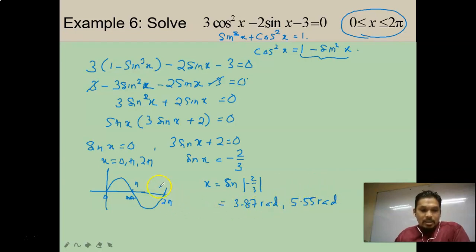So then we take all this list and put them all together in one row: x equals 0, pi, 2 pi, 3.87 radian and also 5.55 radian.